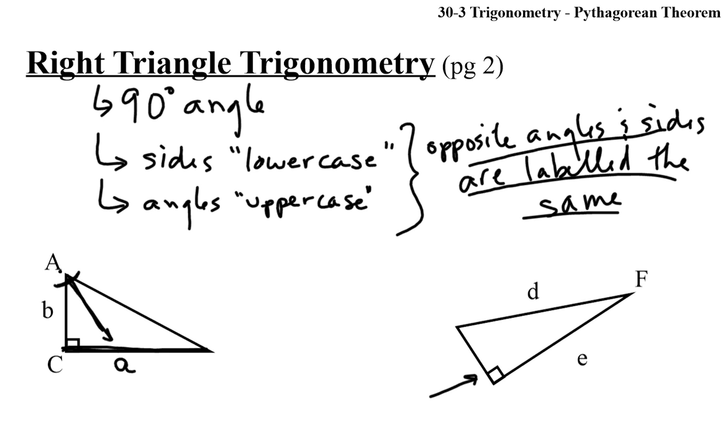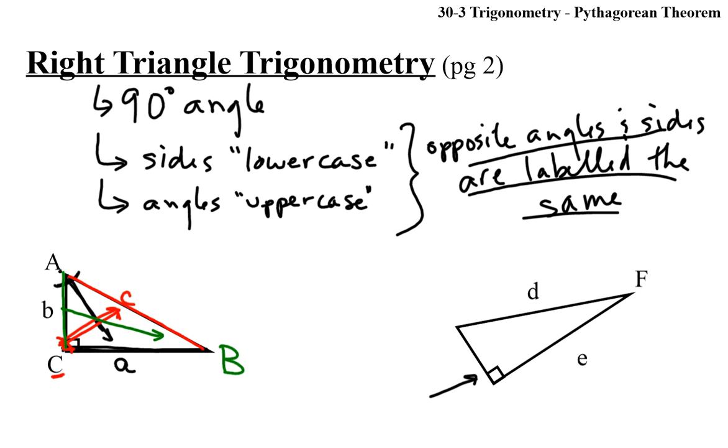Now again, same kind of process. We have angle C here, and across from angle C is side C. We label it with lowercase c because sides are always labeled lowercase. That leaves us with side B, labeled lowercase because it represents the side, and what's opposite or across from side B?